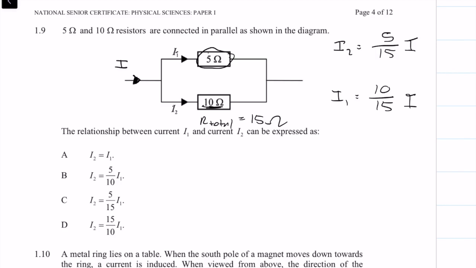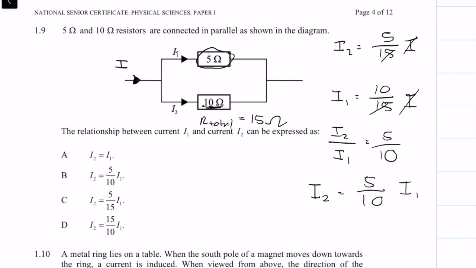Then what I'm going to do is take I2 divided by I1. When I divide this, these 15s cancel, so I'm left with 5 over 10, and these I's will cancel. Now we want it in terms of I2, so making I2 the subject of the formula, we're left with I2 equals 5 over 10 I1.